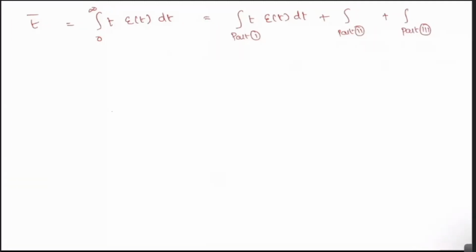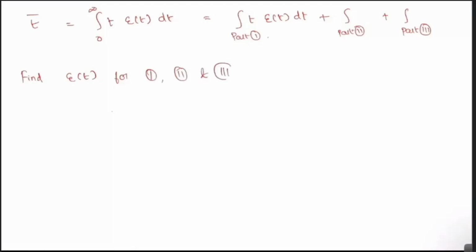The residence time T bar will be a sum of the integral T E of t dt for part 1, part 2 and part 3. So now we have to find E of t for part 1, part 2 and part 3.